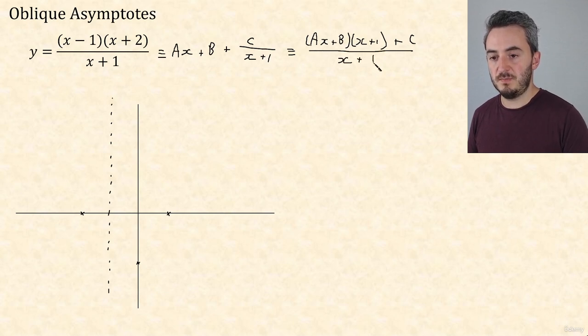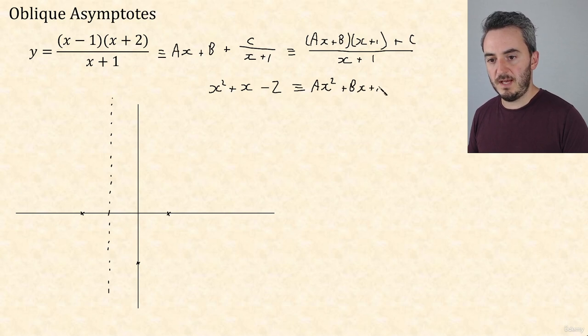Now we're going to compare coefficients on that numerator. Expanding this, I get x squared plus x minus 2 must be the same as ax squared plus bx plus ax plus b plus c.